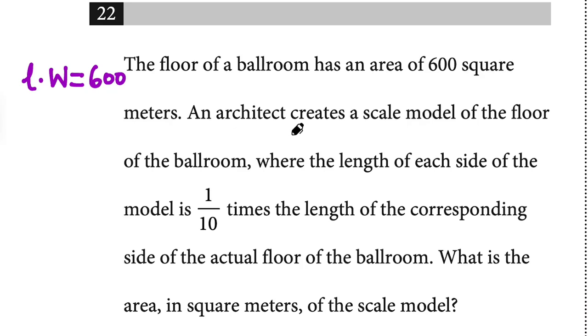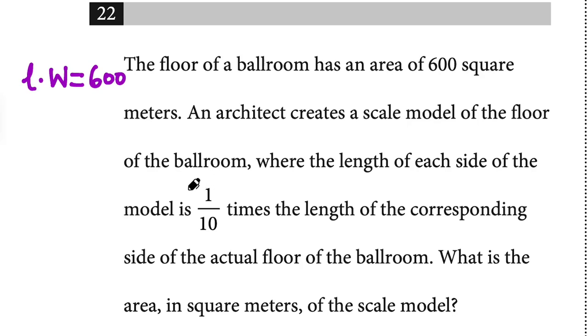An architect creates a scale model of the floor of the ballroom. Now see, when an architect creates a building, they create it on a very small paper, but that is actually the proper map of the building. So in that case, we use ratios, right?